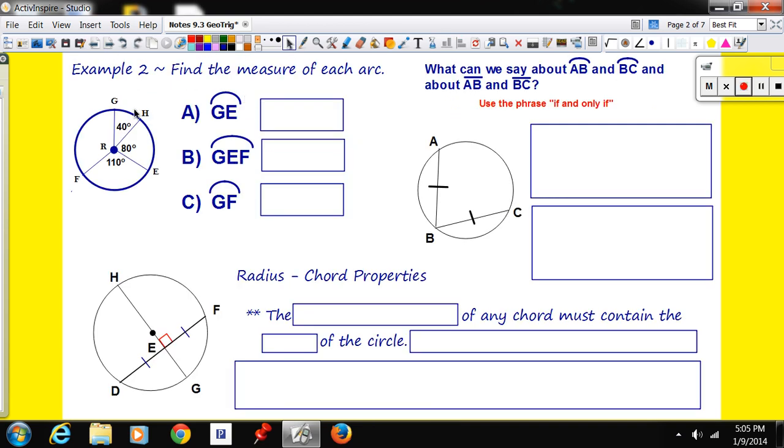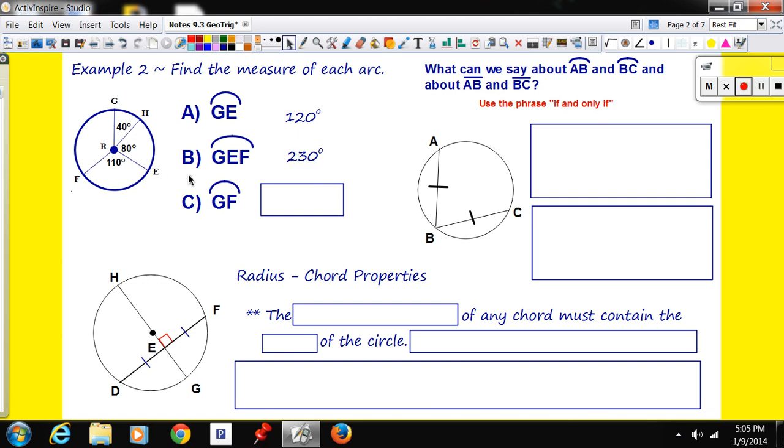Okay, find the measure of each arc. So another example here, if GE adds a 40-degree angle plus an 80-degree angle, that means the arc GE is going to be exactly 120 degrees. GEF is more than 180. It's 3 letters. It's a major arc passing through E over to F. 40 plus 80 plus 110 is going to be 230 degrees.